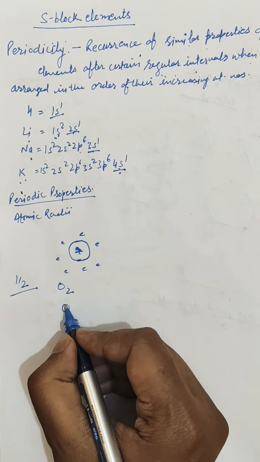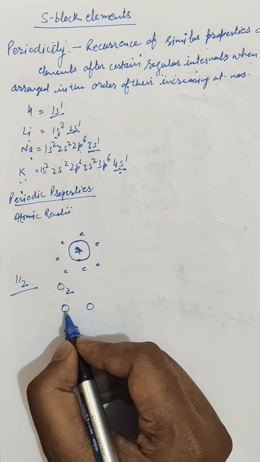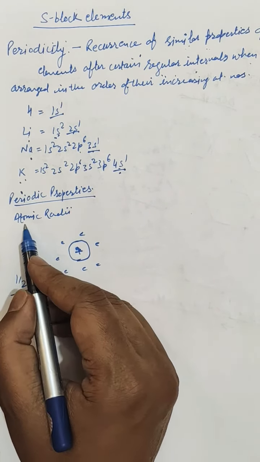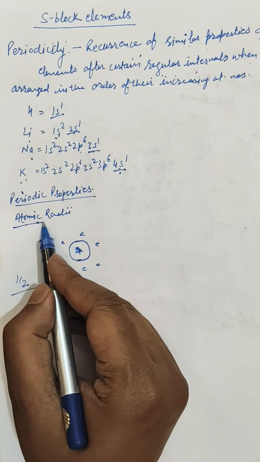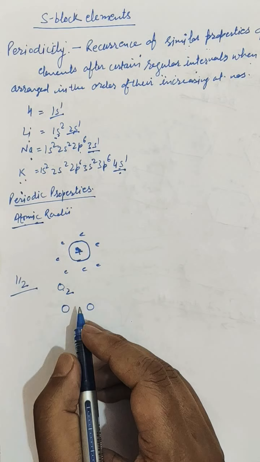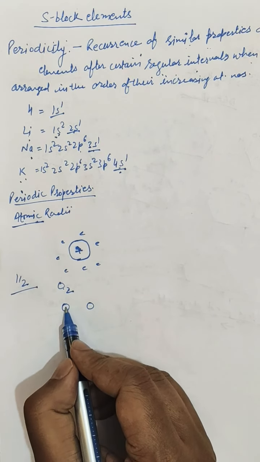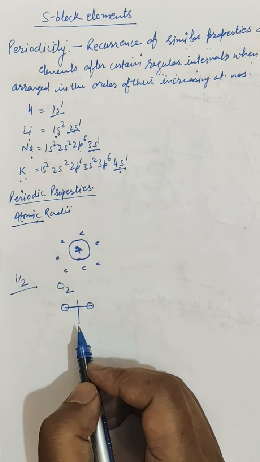A molecule of oxygen contains two oxygen atoms. We are talking about atomic radius, that is, the radius of an atom. If we want to measure the radius of the oxygen atom in the oxygen molecule, we will take half of this distance.